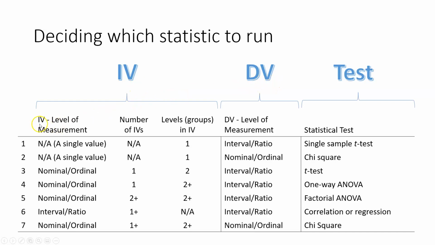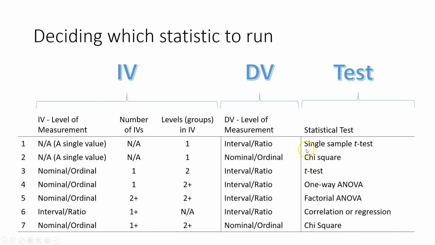So, if your independent variable has a level of measurement that is a single value, in other words, it doesn't actually have a level of measurement at all, and you have just one level in that independent variable because it's just a single value, then you would have to look at what's going on in your dependent variable situation. If it's interval and ratio, then you'd run one type, and if it's nominal or ordinal, then you'd run a different type. Now, what am I talking about here?